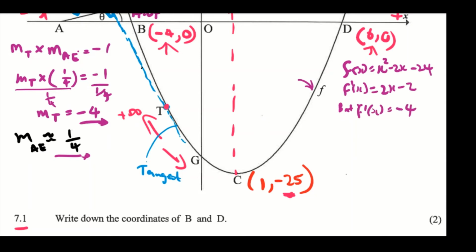So this negative 4 is the gradient of the tangent, so we're just going to equate both. So it's minus 4x is equal to 2x minus 2, and then we transpose the 2 to the other side.